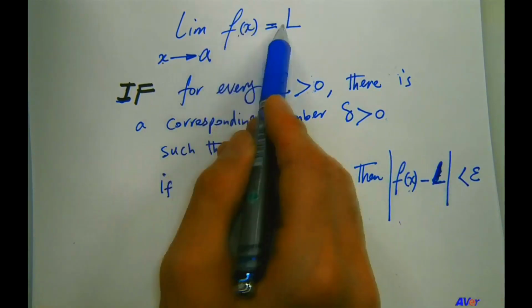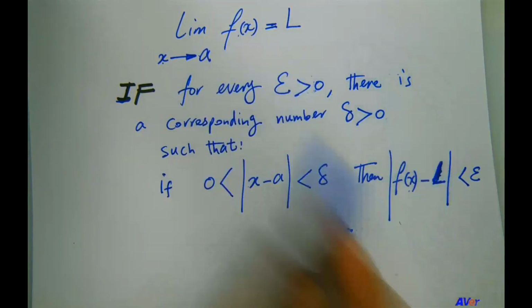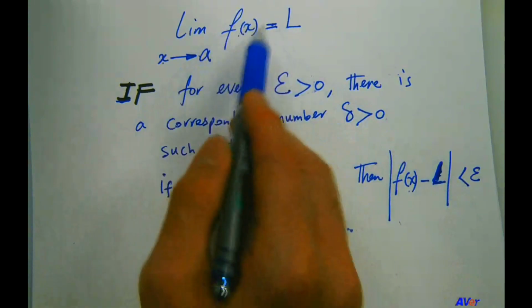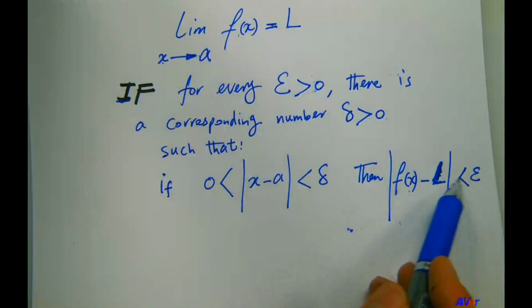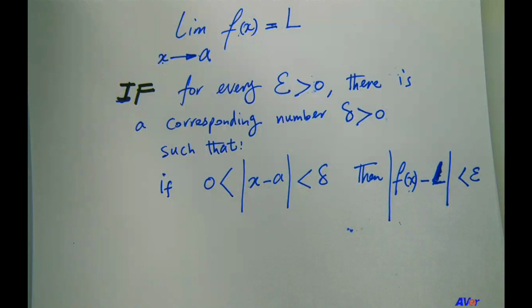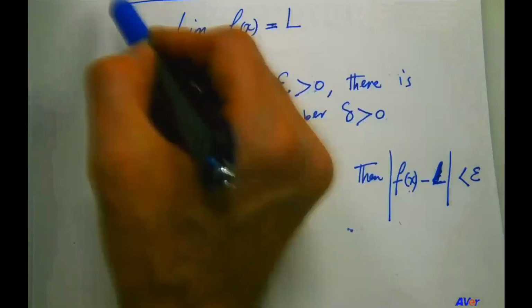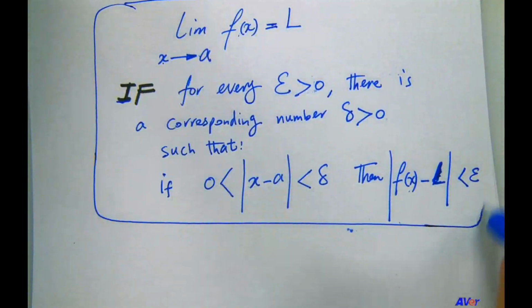So the distance between these two is less than epsilon. So that distance can be taken as less than epsilon. So that is just the symbolic interpretation of the graph I had on the other page.